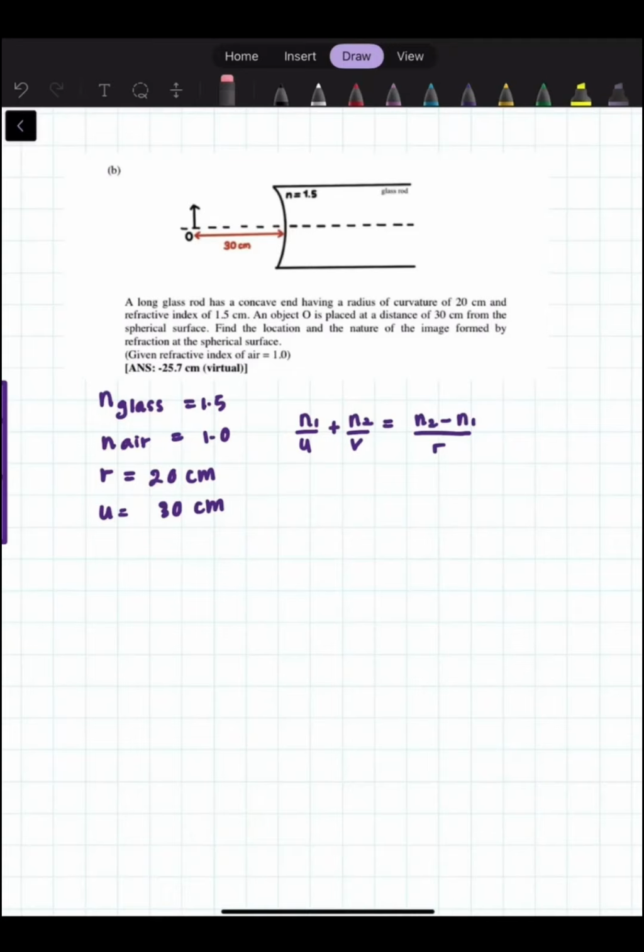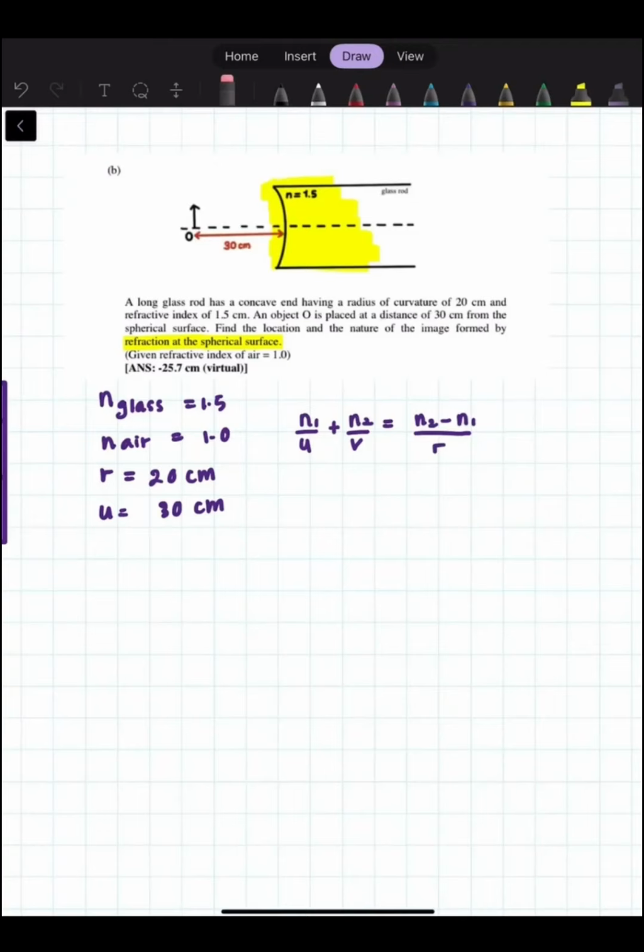So this is a different question from the previous one, where this is a refraction at the spherical surface. This is the spherical surface we have. The previous question we answered was a reflection on the spherical surface, whereas this is refraction.